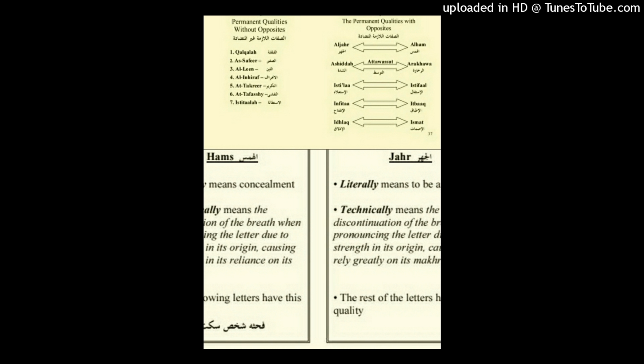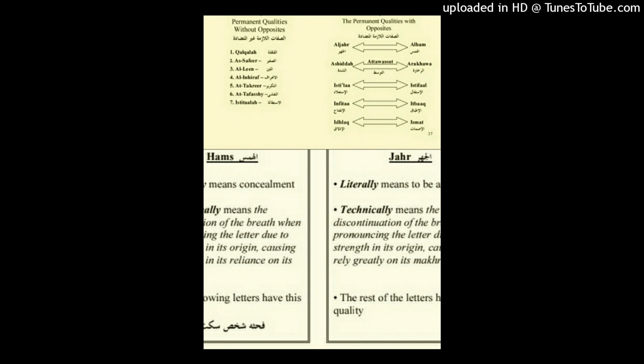So this will make it really rely on the makhraj. And this is done with the rest of the letters except for the letters we mentioned for the hems, or the concealment, or the whispering. So any letter except for those letters فحثه شخص سكت, we should pronounce clearly without producing air.